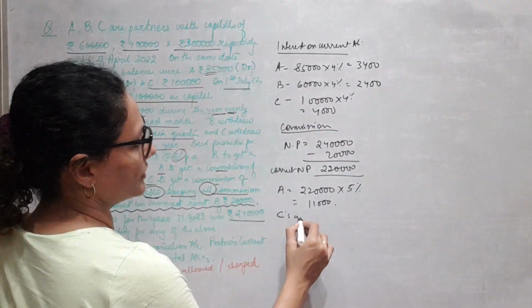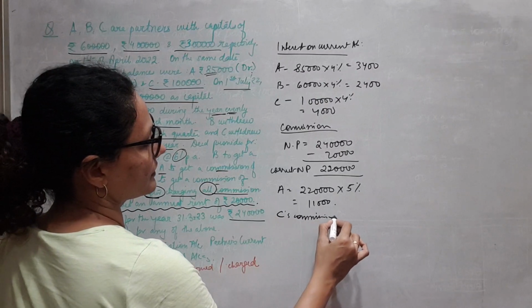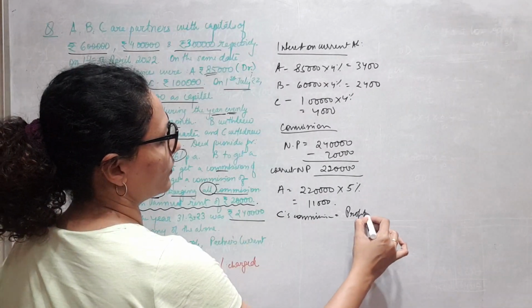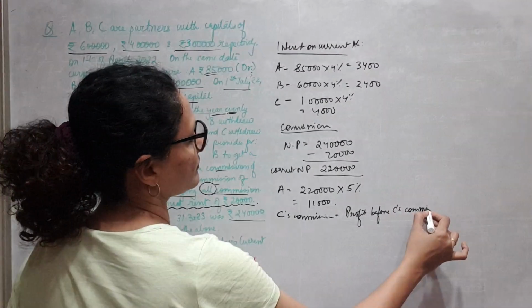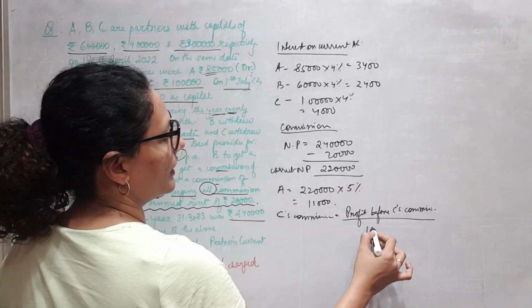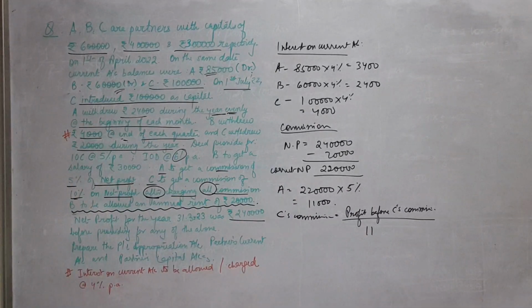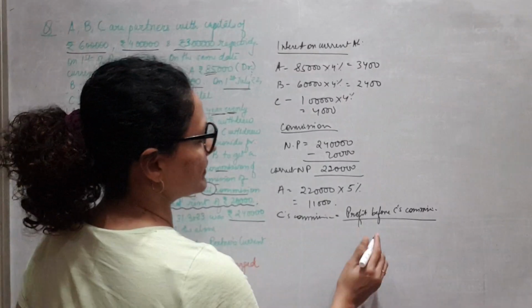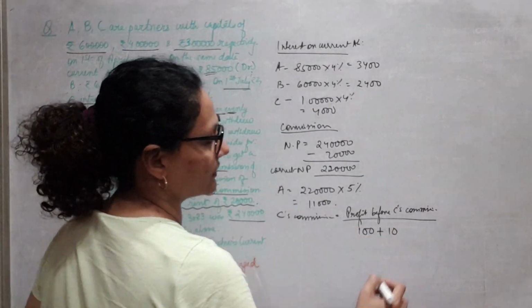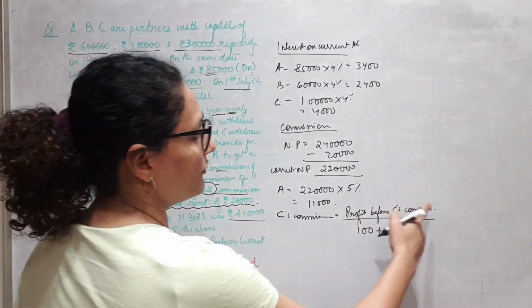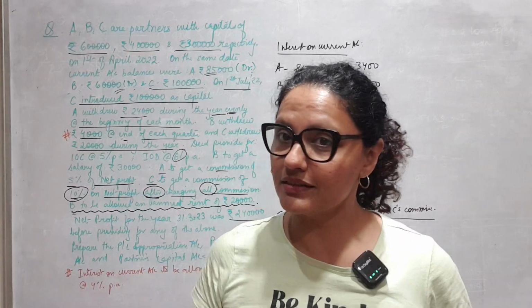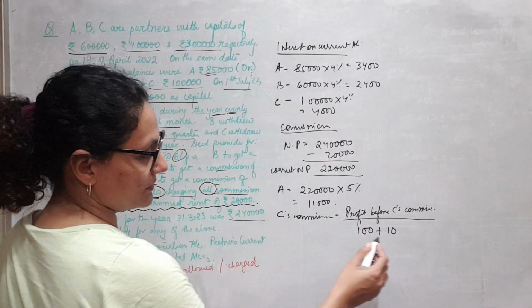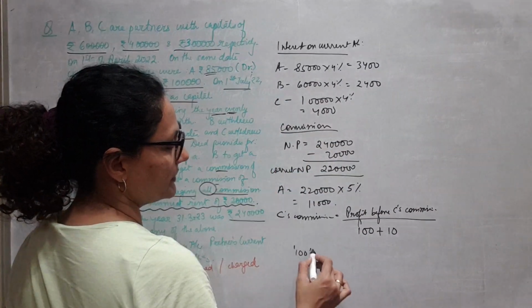For C's commission, I will take profit before C's commission by 110, because C is getting a commission of 10%. So basically it is the 100 plus the rate of commission. Because profit before C's commission includes this 10% of commission as of now, because we haven't subtracted.